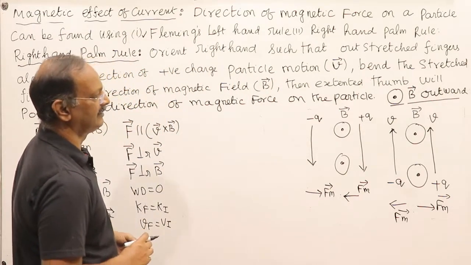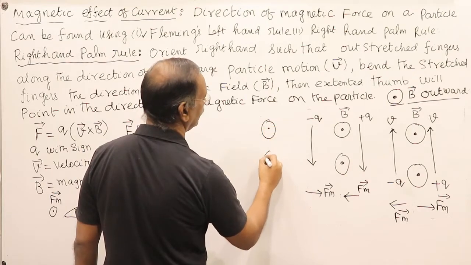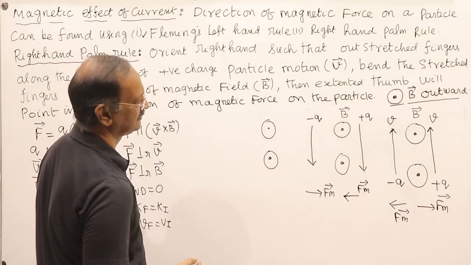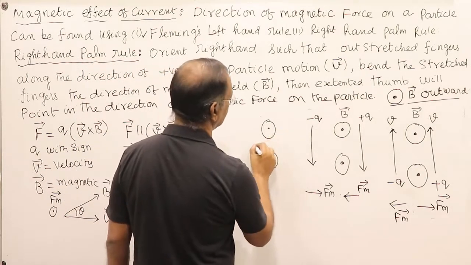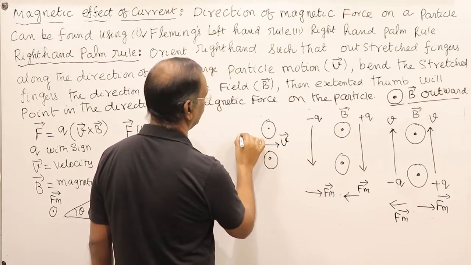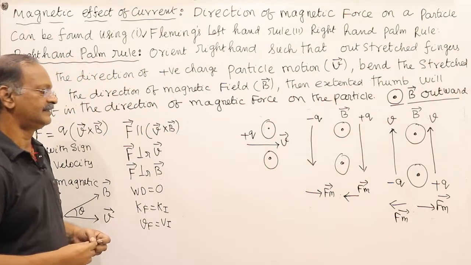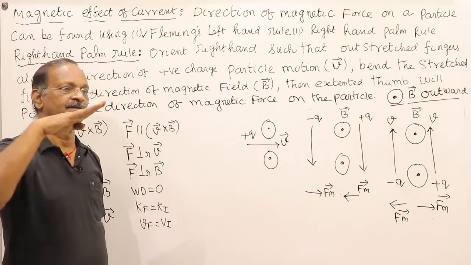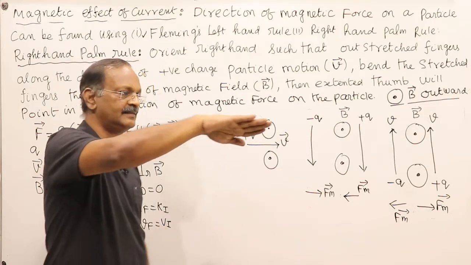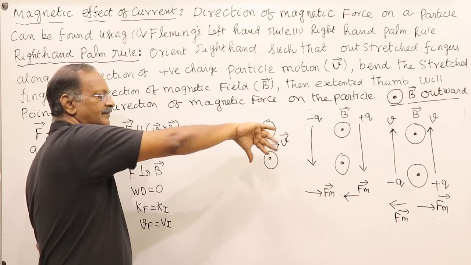Now let us take another example. This is the magnetic field. As it is, the magnetic field direction is the same. Now the velocity is in this direction, let us say for positive charge. First we orient in the direction of velocity, then we have to move outward.